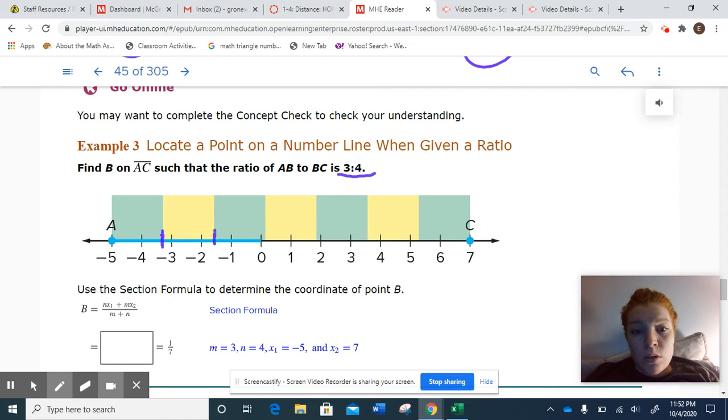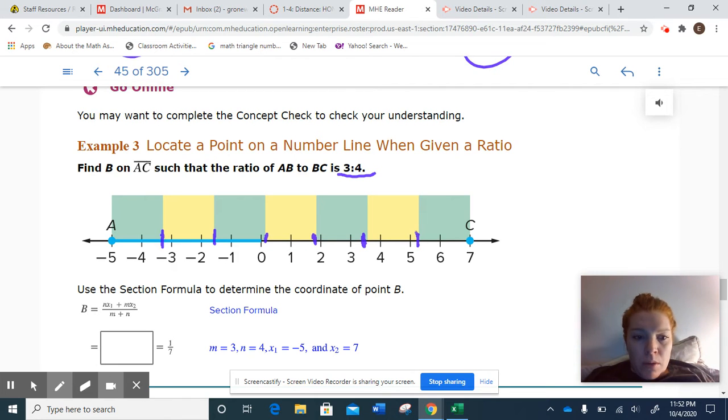Typically, when you do these, you can kind of not use the formula if they give you nice numbers. In this case, unfortunately, you can't break this number line into even parts. So we're going to go ahead and use the formula to help us figure that out because it's not going to be a nice number in the end.